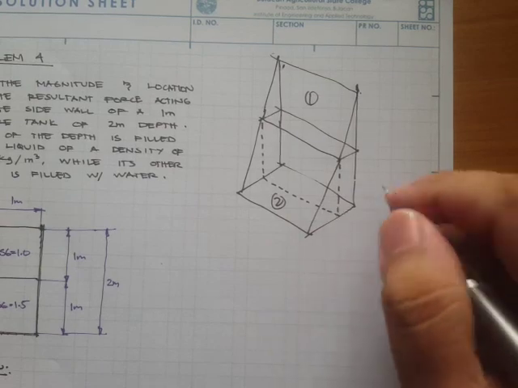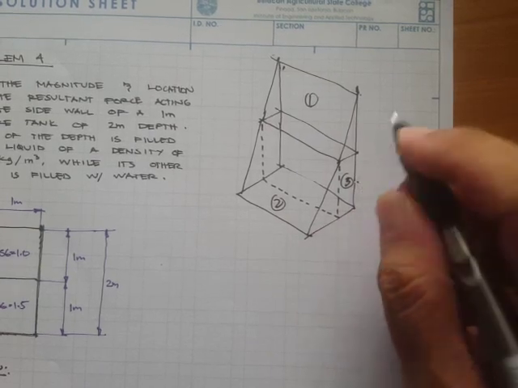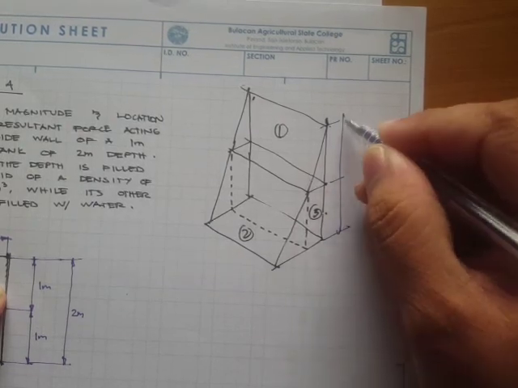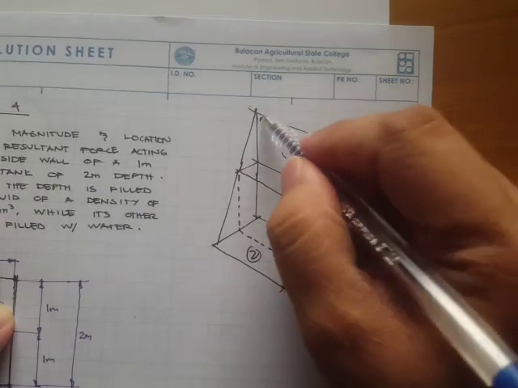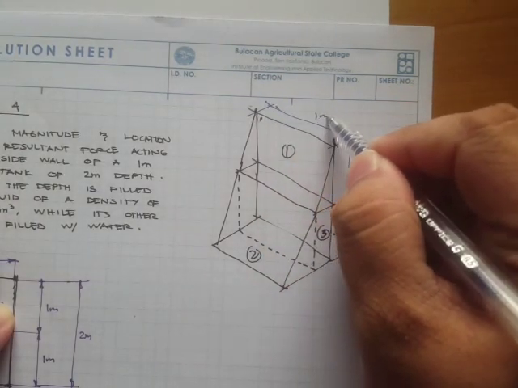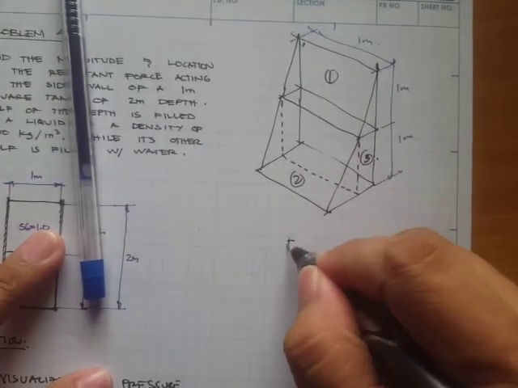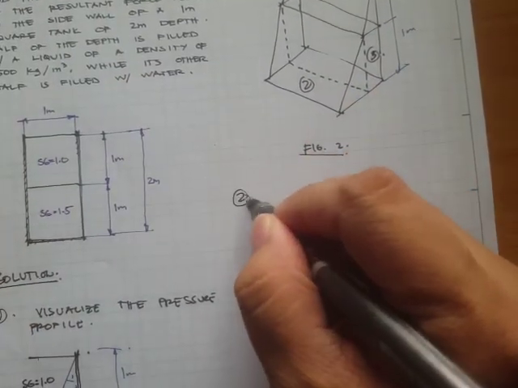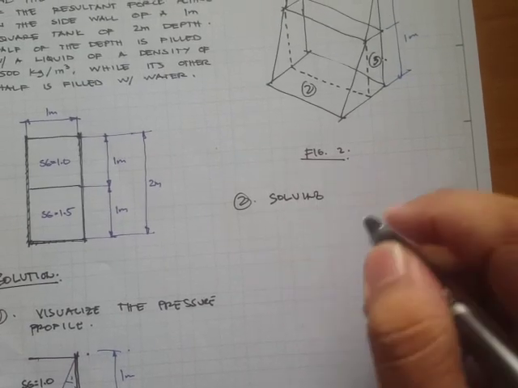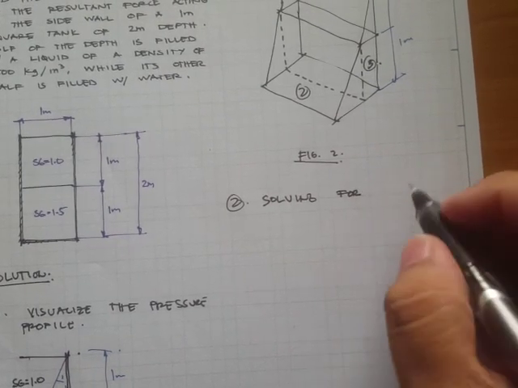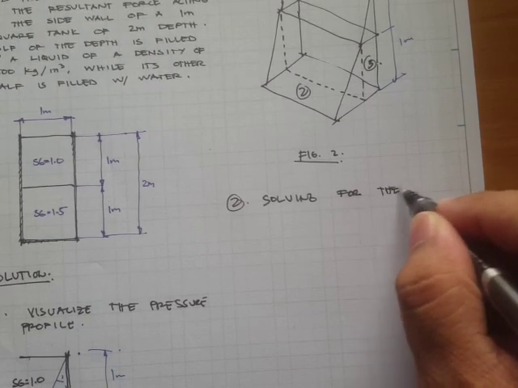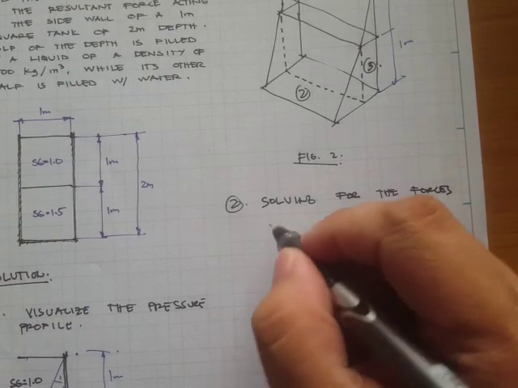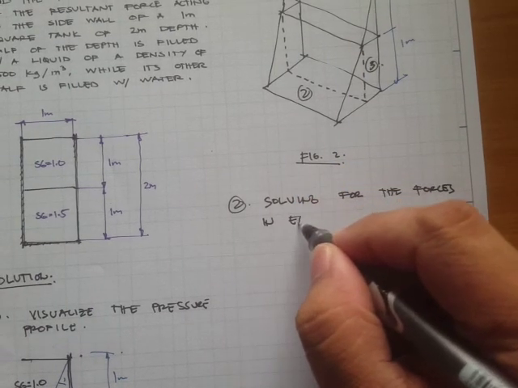This is prism number 2, and this one is prism number 3. If we label the dimensions, we have 1 meter, 1 meter, and this one would also be 1 meter. Let's label this as figure number 2. Now solving for the resultant forces in each prism.